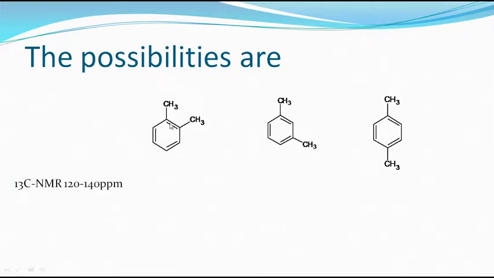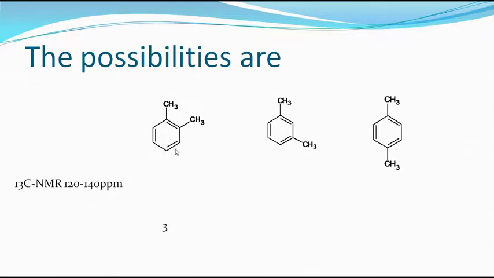In this molecule, these two carbons are in the same environment and together give one signal. Similarly, these two carbons are in the same chemical environment, and these two together give one signal, so the 6 carbon atoms give 3 signals.